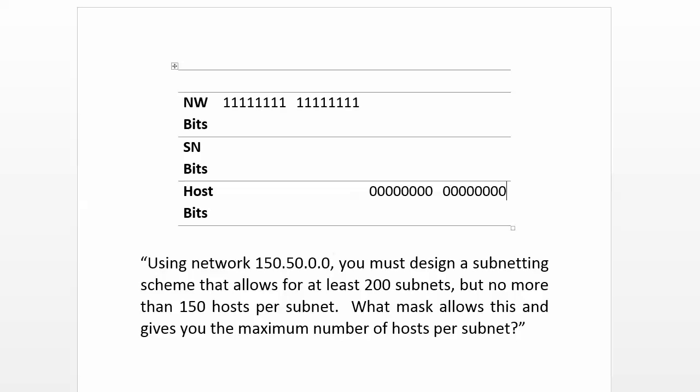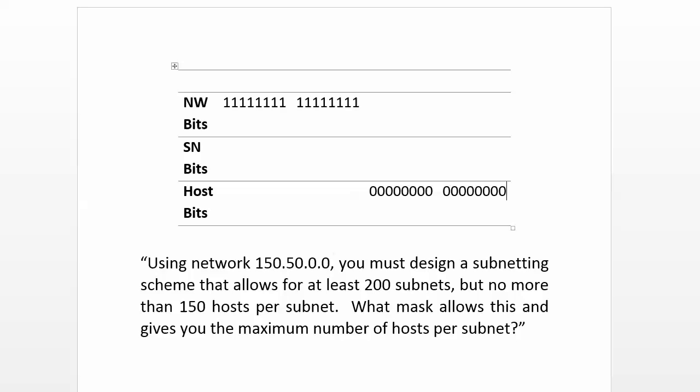And what I like to do with a question like this is start with the minimum number of bits that's going to meet my first requirement, which here is at least 200 subnets. So how many bits do I have to borrow to get at least 200 subnets? 2, 4, 8, 16, 32, 64, 128, 256. 8 of them.